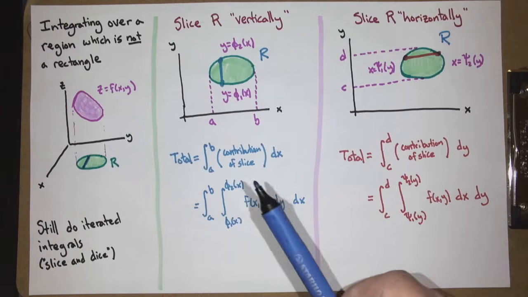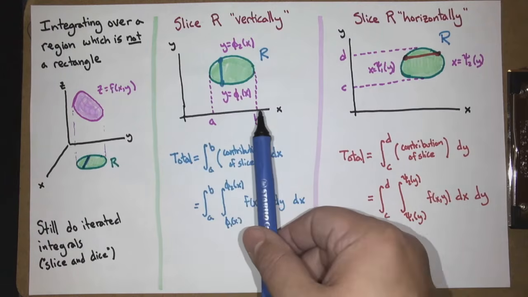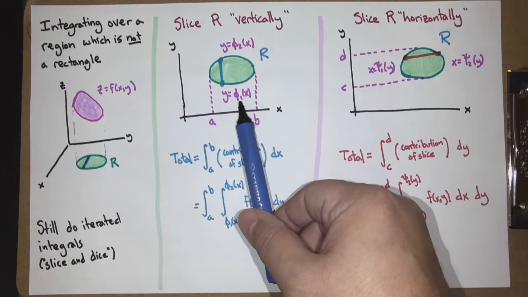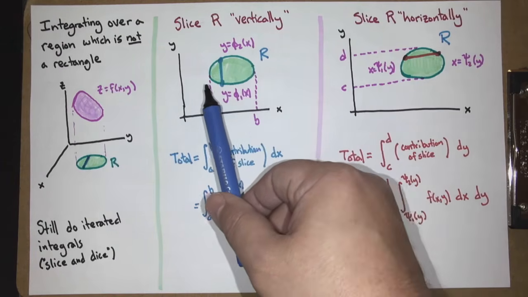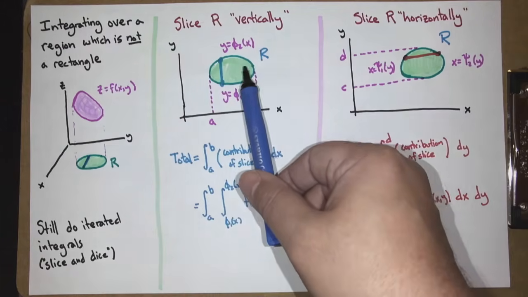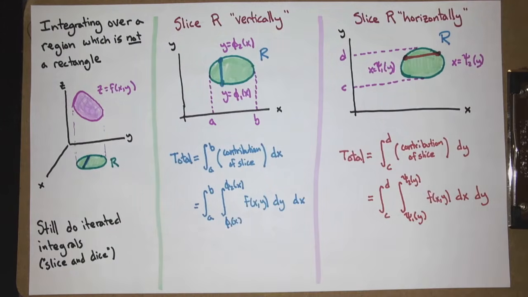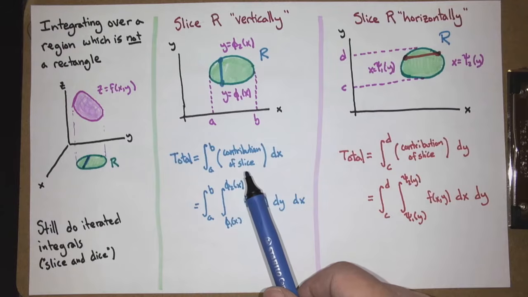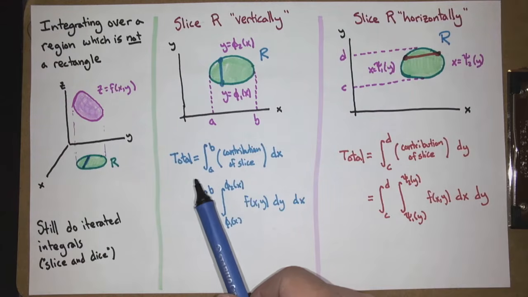And so we need a way to describe things. So x goes from A to B. There's a curve on the bottom, which I'm calling phi1 of x, and there's a curve on the top, which I'm calling phi2 of x. And now, what's the total? Well, like last time, we add up the contributions of each slice. So there's an integral.